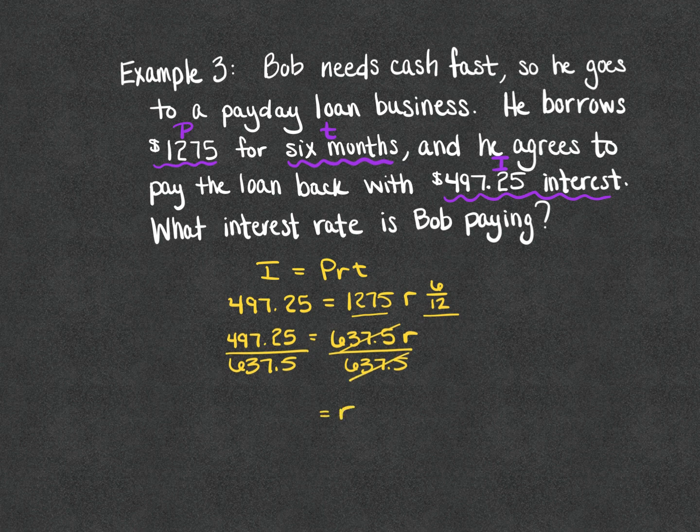And when we divide 497.25 by 637.5, we find out that we get 0.78. Now remember that r in our formula is the interest rate in decimal form. If we want to know what the interest rate is, we need to change this to percent form. So 0.78 as a percent is 78%. And that is the interest rate that the loan company is charging.